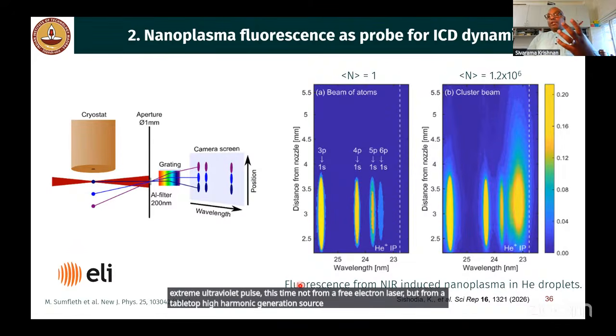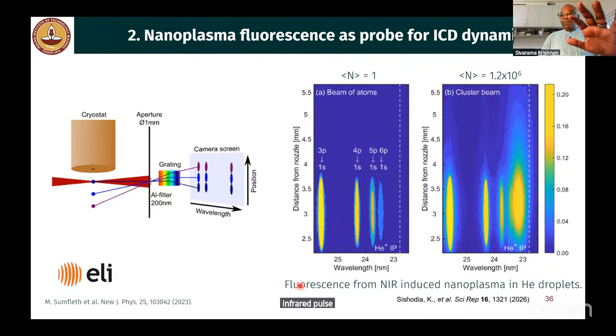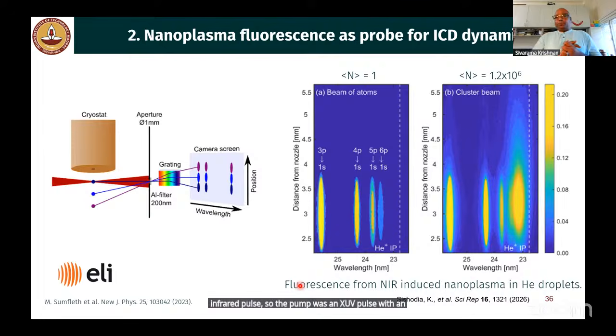The probe was a very intense infrared pulse. So the pump was an XUV pulse with an energy of about 50 eV or so, and then the probe pulse was essentially an intense infrared pulse.